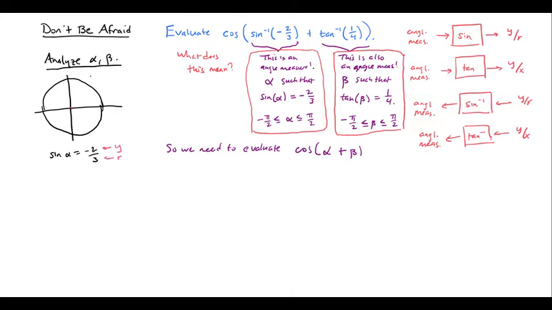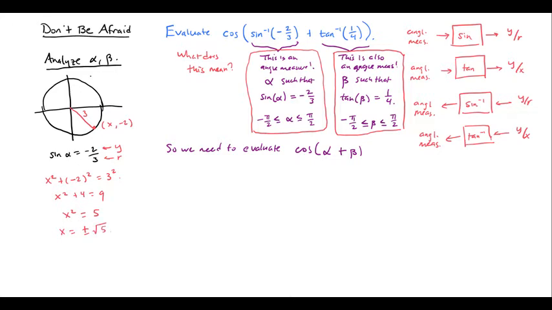Okay, so I'm going to put a point down here. That's going to be negative 2 in the y-coordinate. You're going to have some x-coordinate, and the radius is 3. So x squared plus negative 2 squared is going to be 3 squared. So x squared plus 4 equals 9. x squared is 5. So x has to be plus or minus square root of 5.